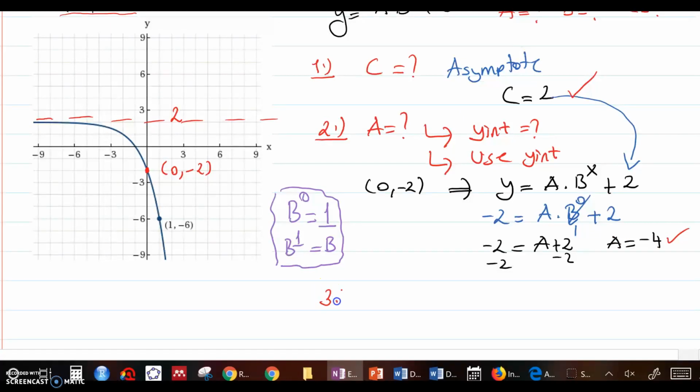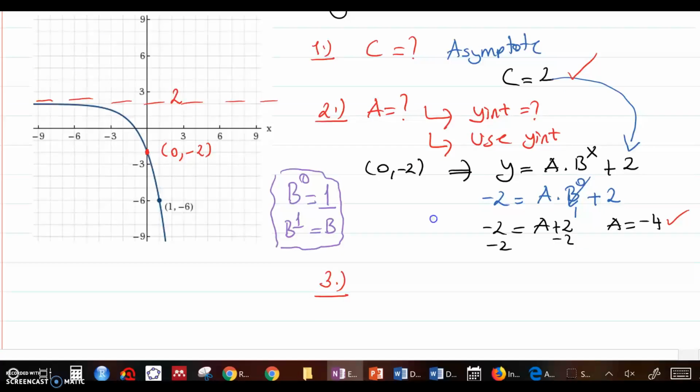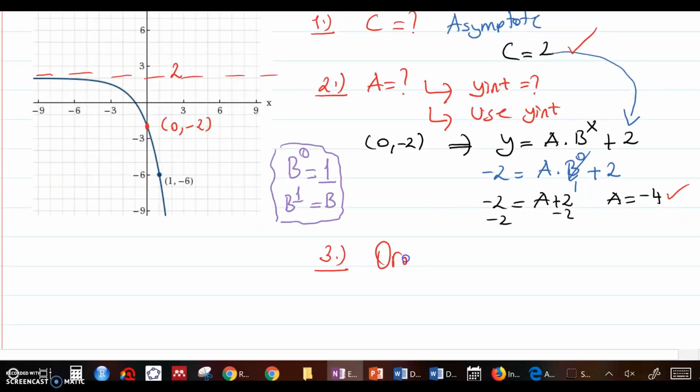So step 3. At step 3, we need to use any ordinary point, but not the y-intercept, because if we use the y-intercept, we're going to plug in 0 for x, and anything to the power 0 is going to become 1, and we will lose the variable b.